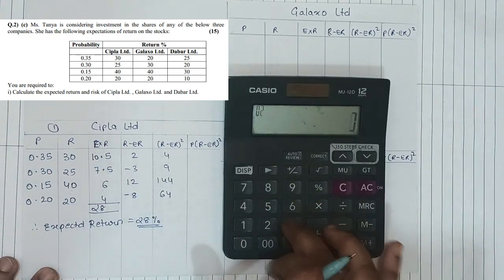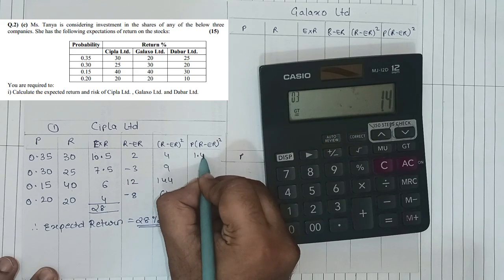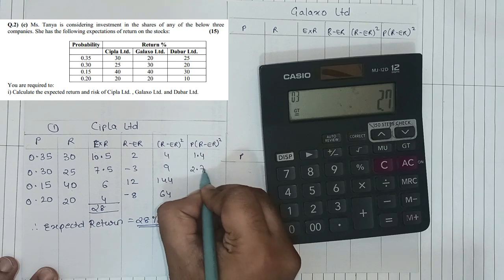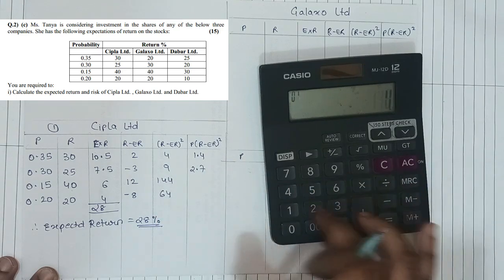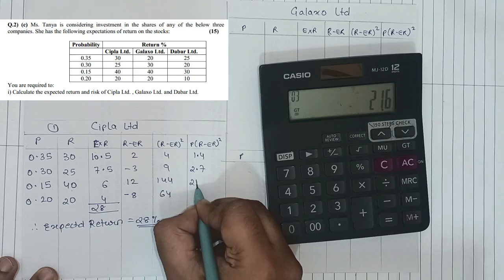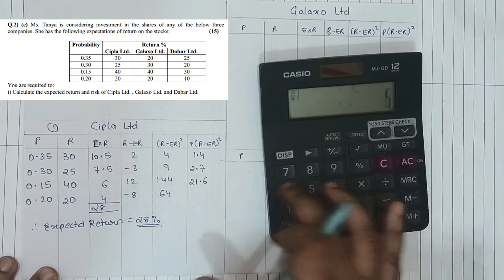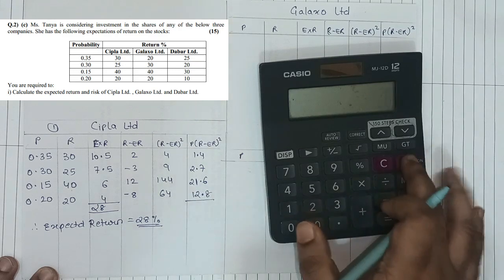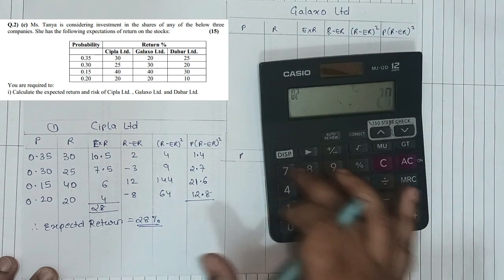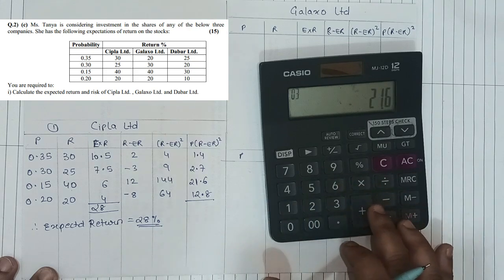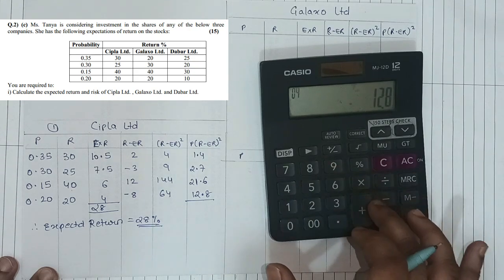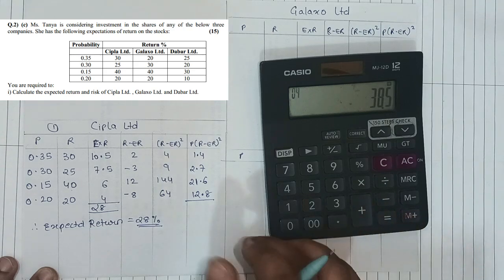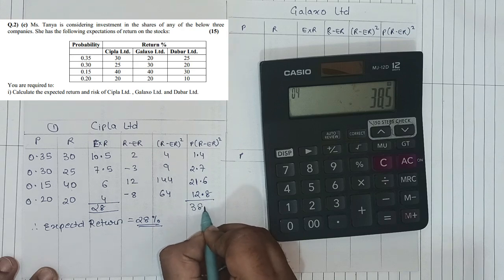So 4 into 0.35 is 1.4, 9 into 0.3 is 2.7, 144 into 0.15 is 21.6 and 64 into 0.20 is 12.8. We add up 1.4 plus 2.7 plus 21.6 plus 12.8. We get the value as 38.5.